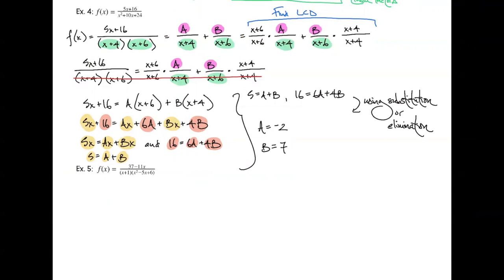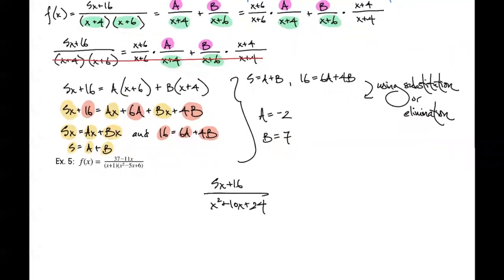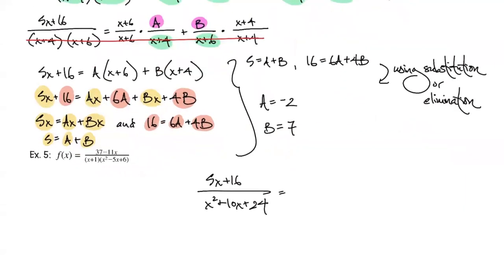All right, so what this would look like is we would say that 5x plus 16 over x squared plus 10x plus 24 is going to equal -2 over x plus 4 plus 7 over x plus 6.